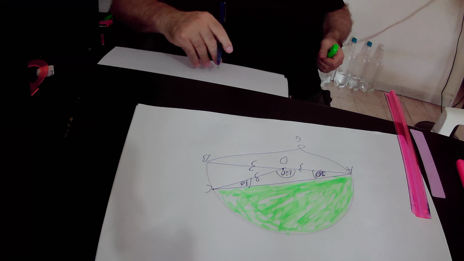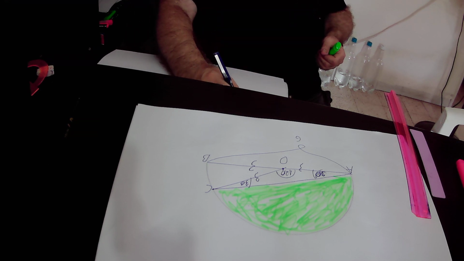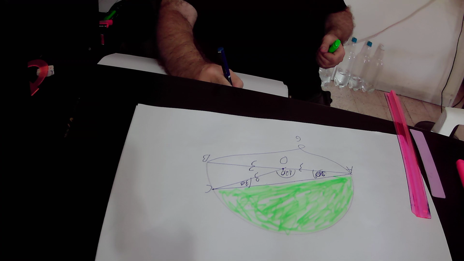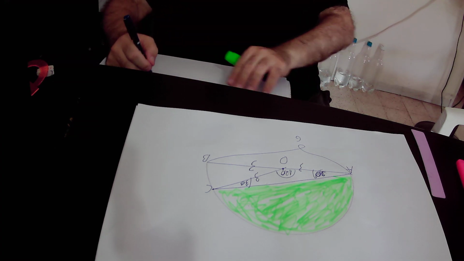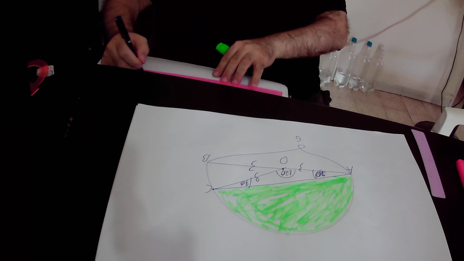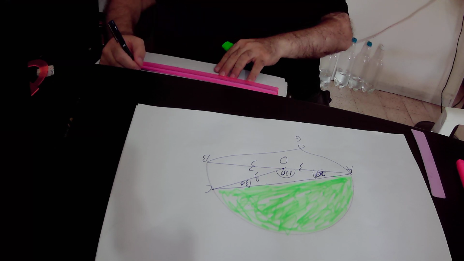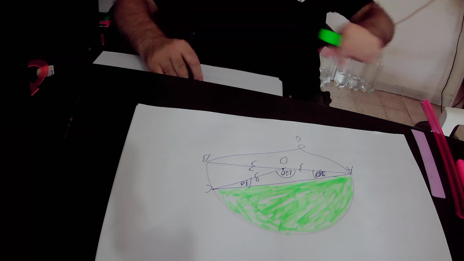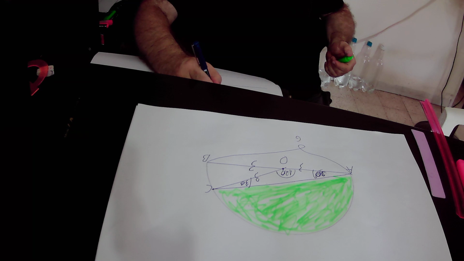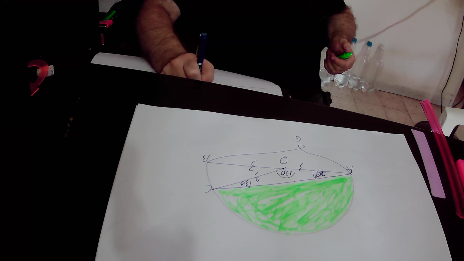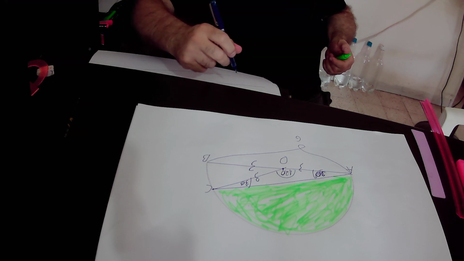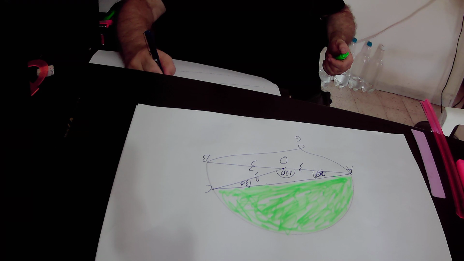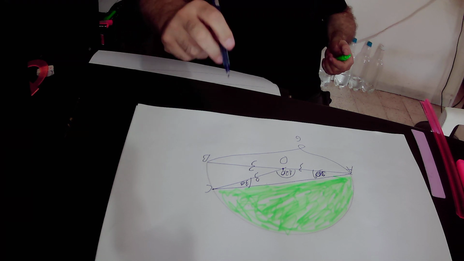According to the second method, the area of the green shape equals the area of the semicircle minus the area of triangle AOC minus the area of sector BOC.